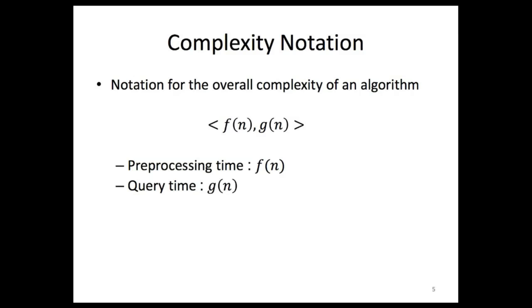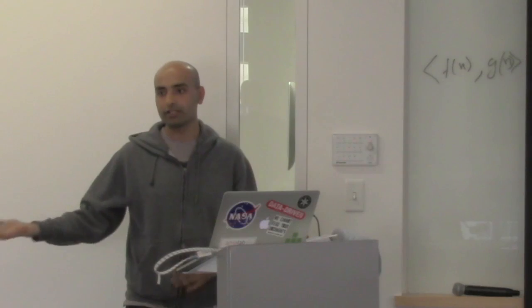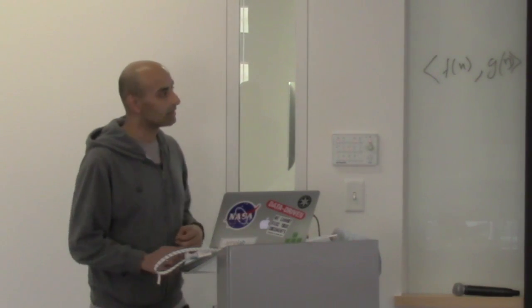You want both of those to be fast. You don't want it to take too much time just to build up your index or your initial data structure, and then the rest is fast. So you want to get the best of both things.